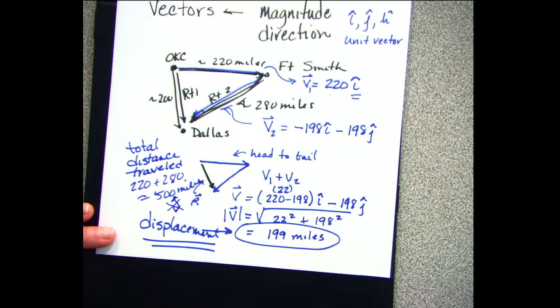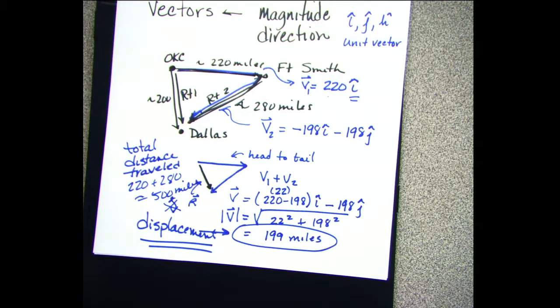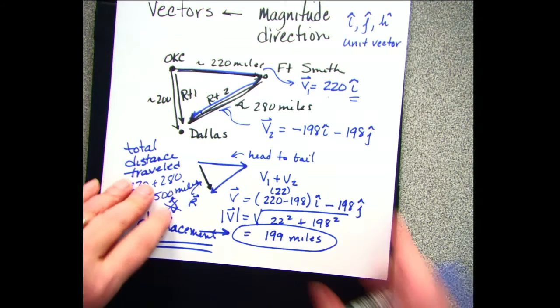So my displacement is not the same as total distance traveled. And that comes into play when I'm trying to do speed or velocity.